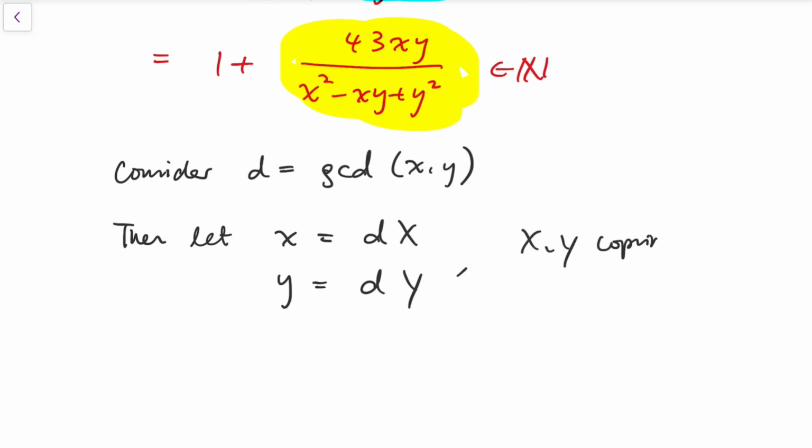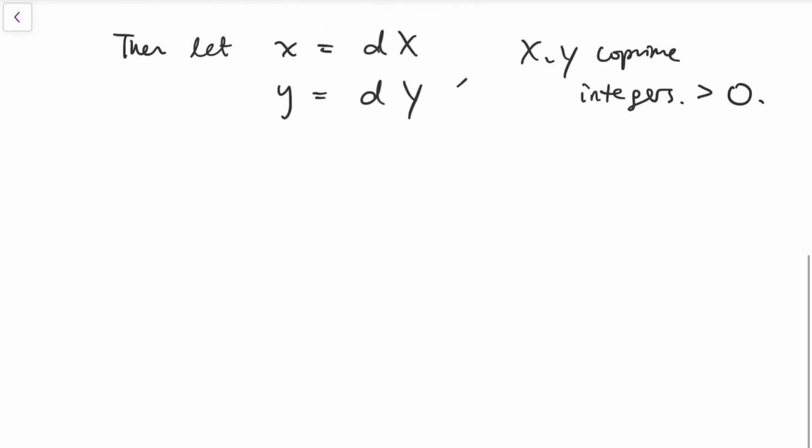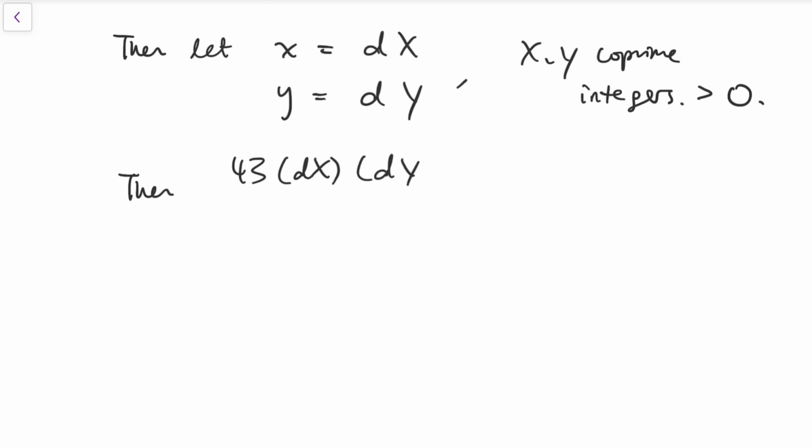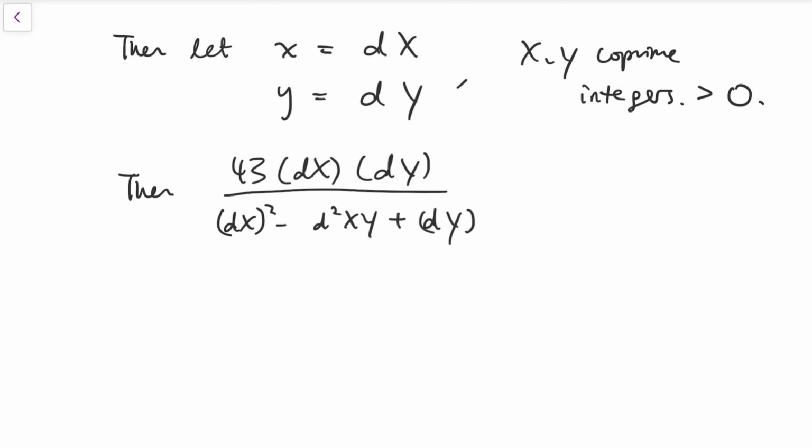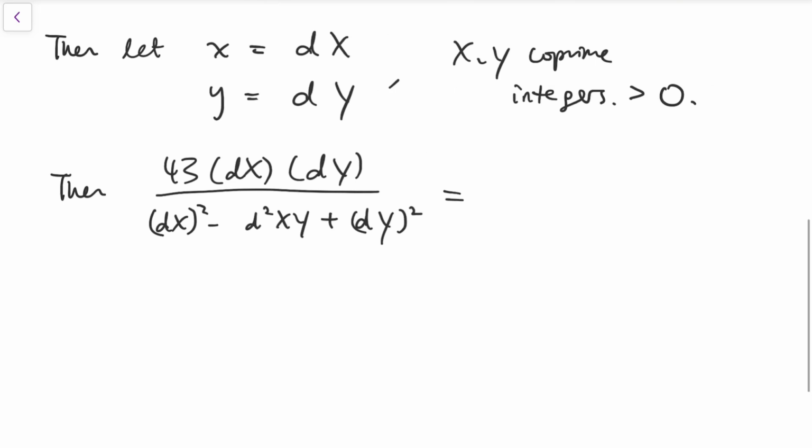So then big X and big Y are co-prime integers. Of course, they can be positive as well. Then this fraction would become d times big X plus d times big Y, over d times big X all squared minus d squared big X big Y plus d times big Y all squared.